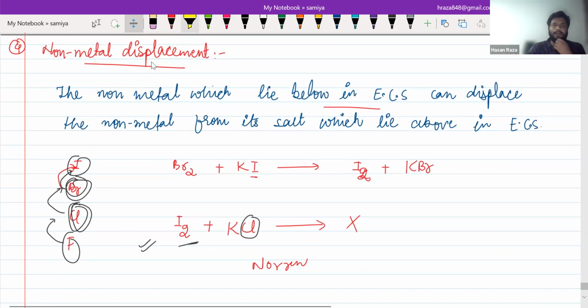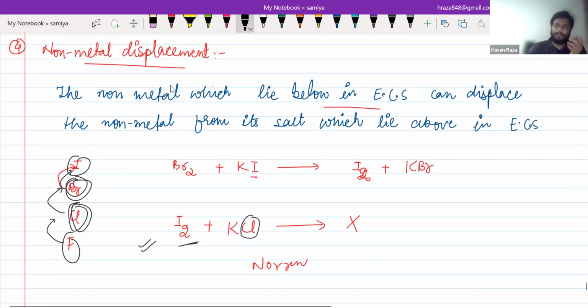Now see, this is the non-metal displacement reaction. It is the opposite of the metal displacement reaction. What happens here is that a non-metal which lies below in ECS can displace the non-metal from its salt which lies above in ECS. You can see Br2 with KI.